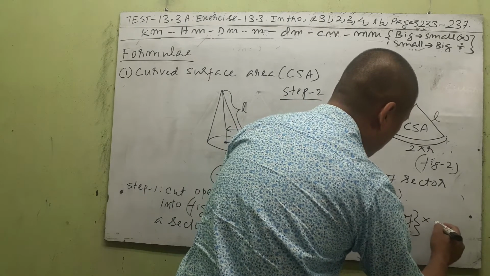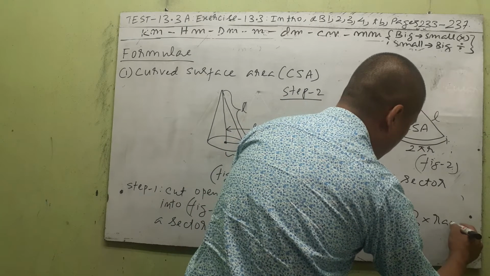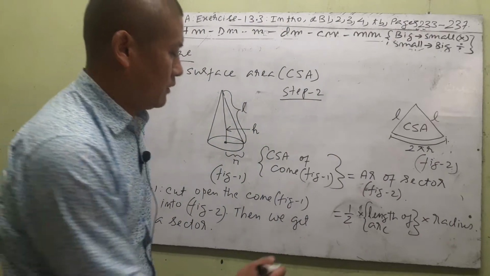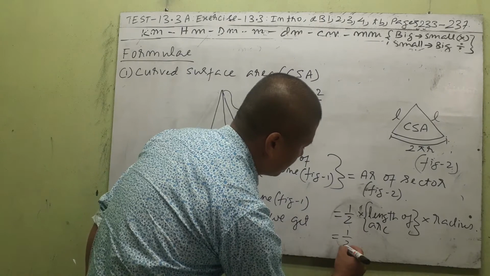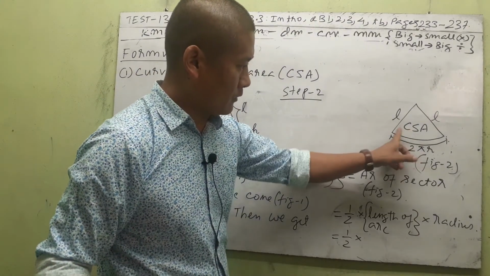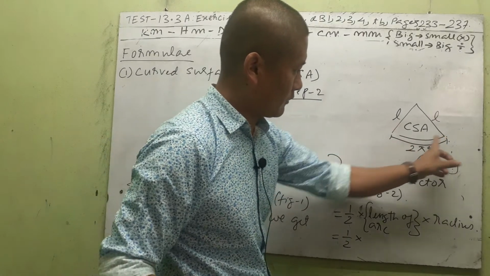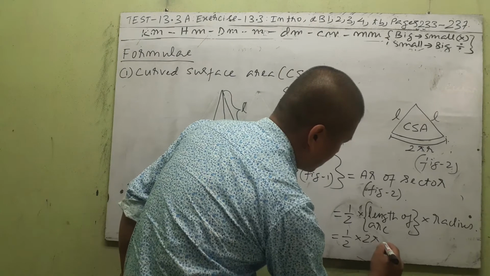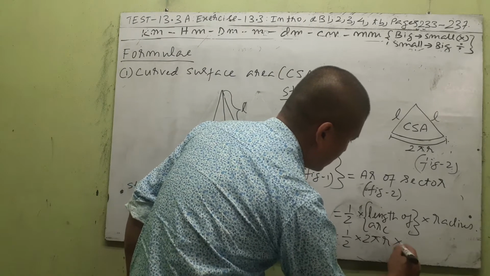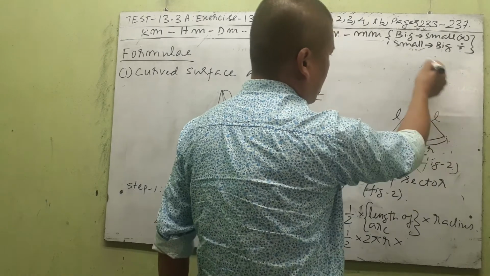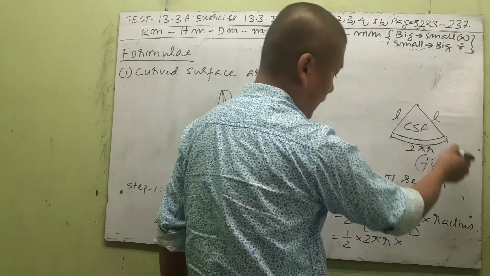So that will give you half into the length of the arc of the sector. This distance from here to here is 2 pi r, so we put 2 pi r into the radius of the sector, which is the distance from here to here, called the radius of the circle, L.